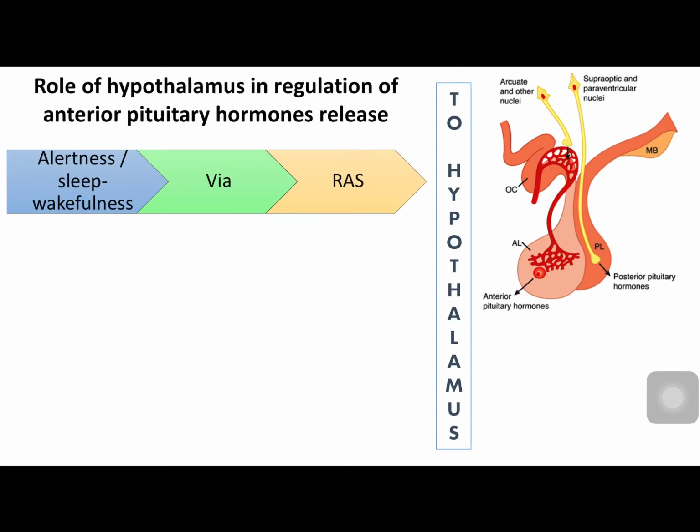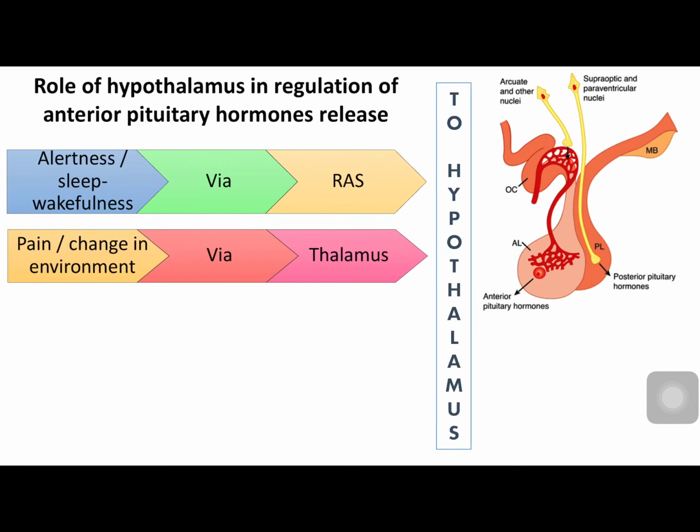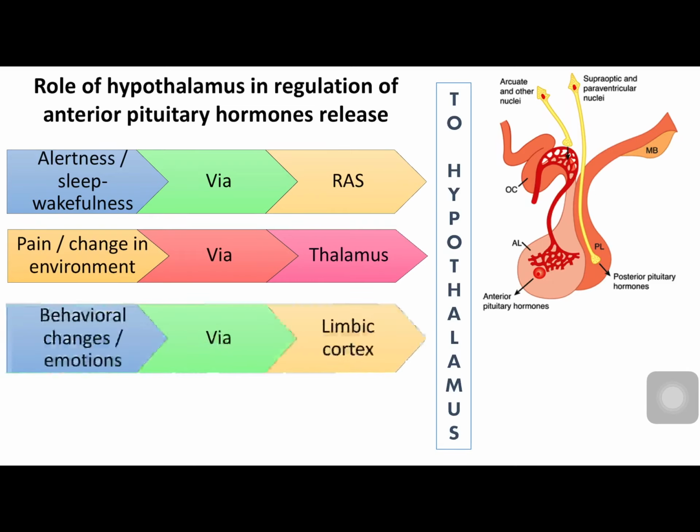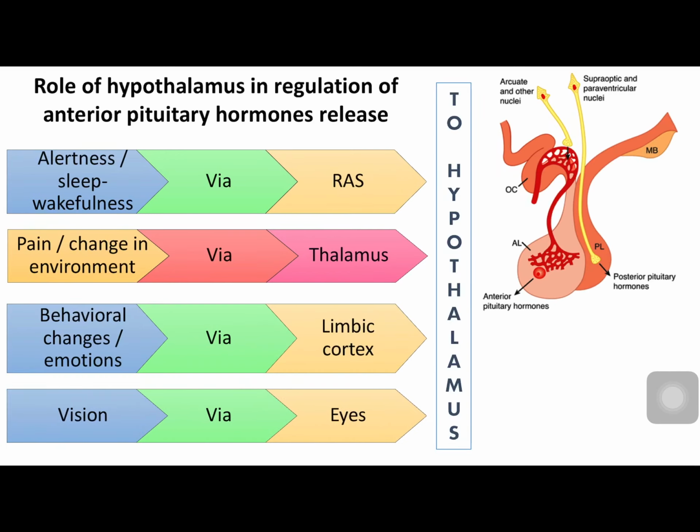Impulses regarding change in environment and pain also reach the hypothalamus via the thalamus, and impulses regarding behavioral change or emotions, whether we are angry or sad, reach the hypothalamus from the limbic system. The hypothalamus also receives information about whatever we are seeing in our visual field. All these impulses reach the hypothalamus.